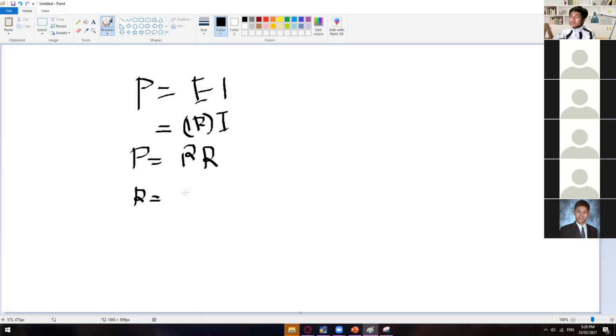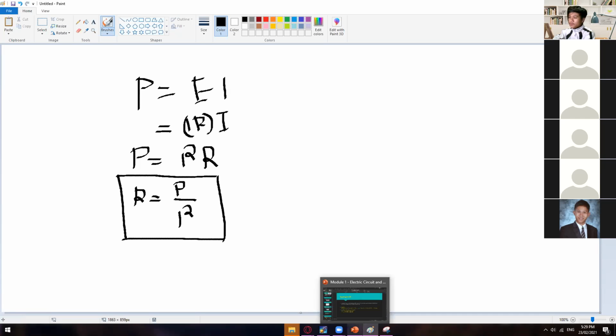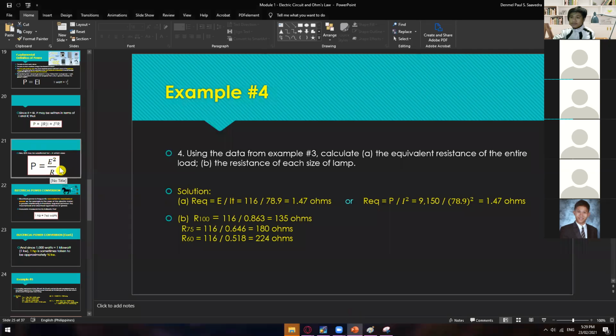So R is equal to P divided by I squared. So we have this new formula, which I wasn't able to include in here.